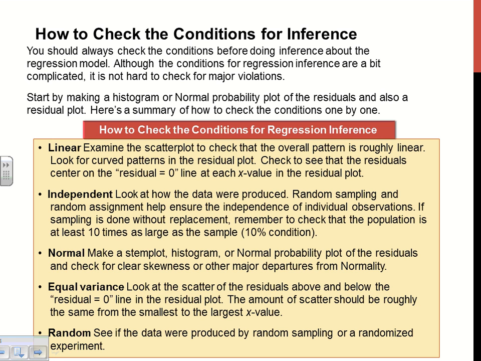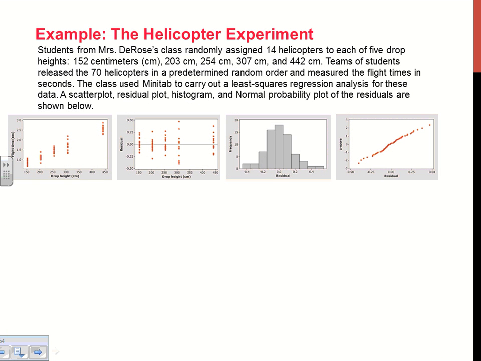Linear, independent, normal, equal variance, and random. Linear. It's almost linear, but linear. Kind of a little mnemonic device to help you.